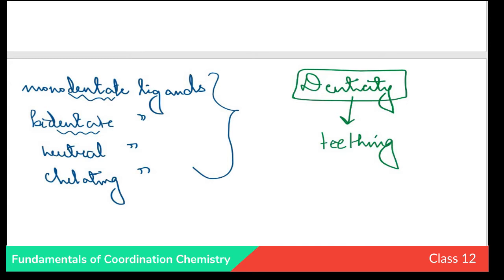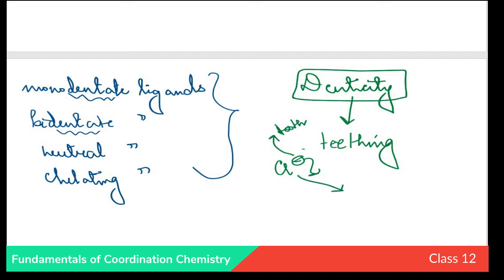Supposing I say Cl minus. So this minus charge behaves like a ligand, or this minus charge donates electron density to the metal. Since this minus charge is donating electron density, we refer to it as a tooth of the ligand, which actually kind of bites the metal atom.